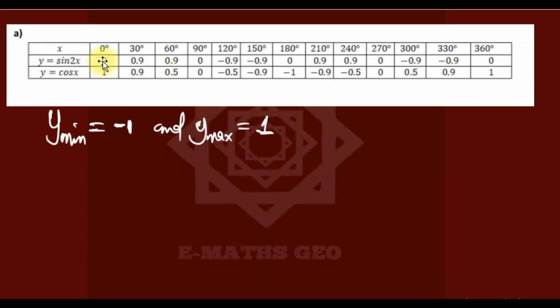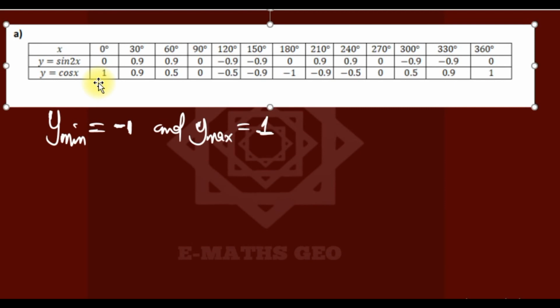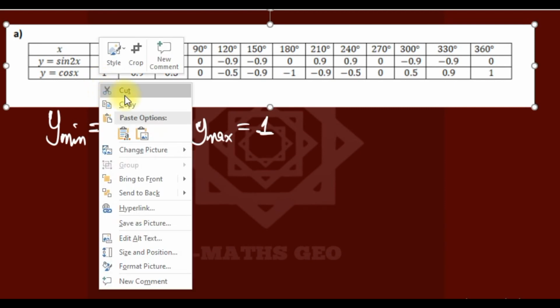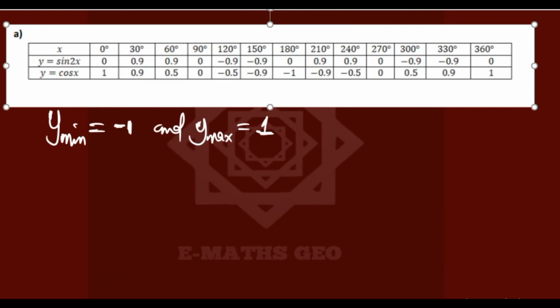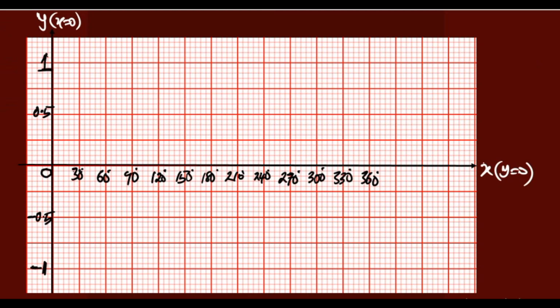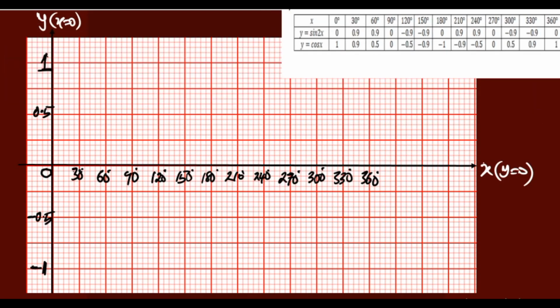Here, when x is 0, y is 0. I'll plot the first one and join before plotting the second one, so that we won't make mistakes. Let me just copy and paste the table where you will see it. When x is 0, y is 0.